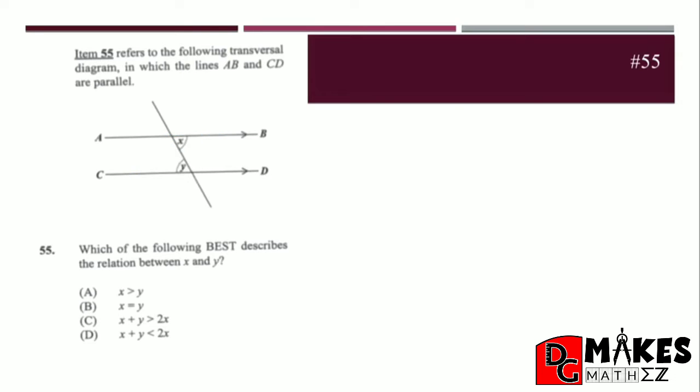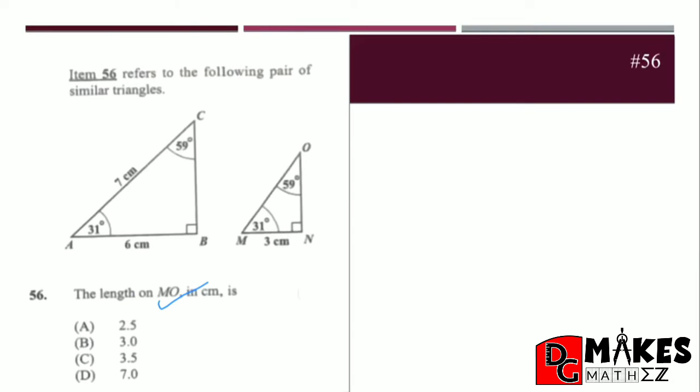So X is equal to Y. This question is just a test if you know this property of when two parallel lines are cut by one straight line going through them. We have our transversal.